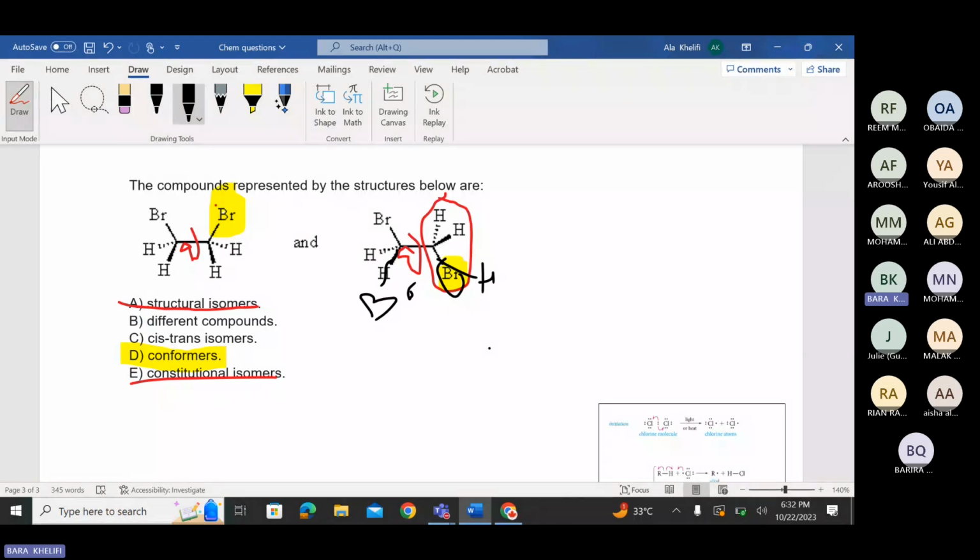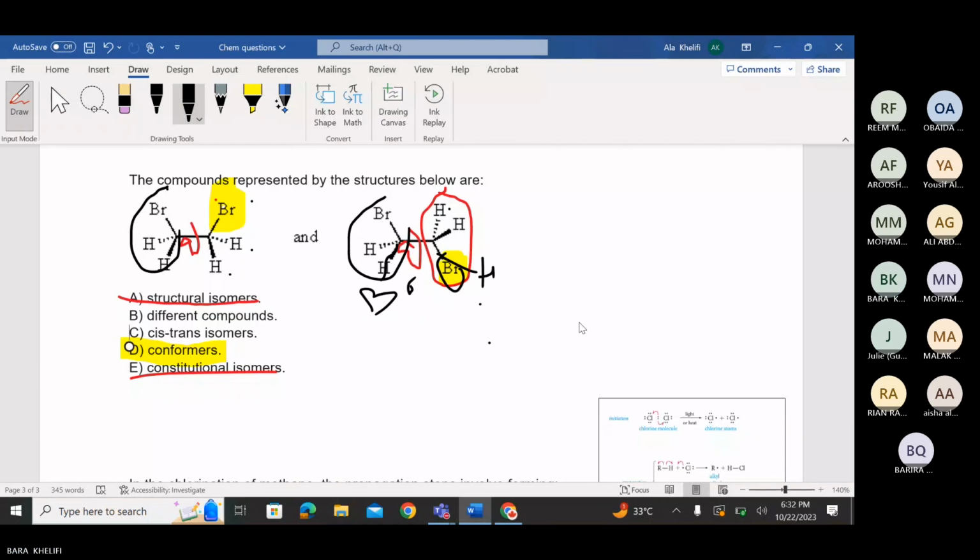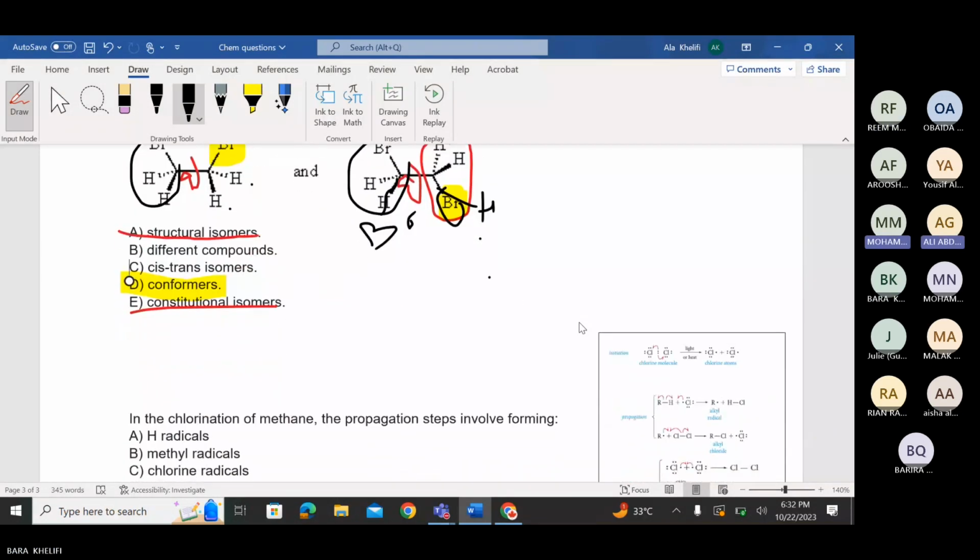But if you see that on this side you have 1 Br, 2 H's, and here 1 Br, 2 H's, and also here 1 Br, 2 H's, that means we didn't change the molecule itself. Then yes, it's a conformer. Understood this part? Yes, all clear.